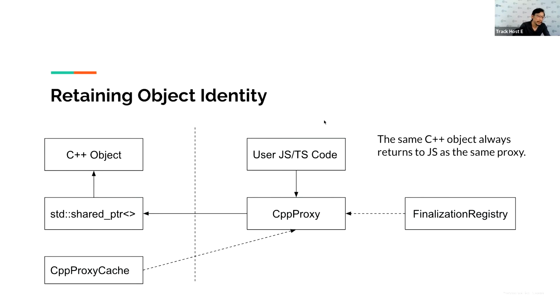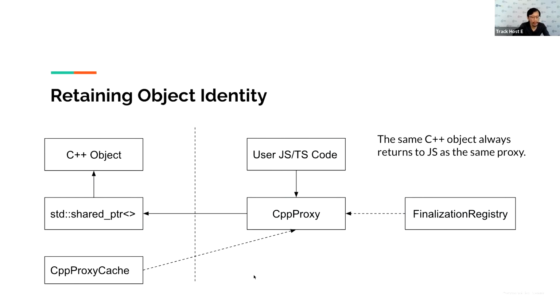Another important aspect is we need to retain object identity. That means if we pass the same C++ object multiple times into JavaScript land, they should pass the equivalence check. They should compare exactly the same as the same object. This is done by introducing a C++ proxy cache on the C++ side. When we create a new C++ proxy, it's added to the cache as a weak reference. So when we need to pass another proxy across the border, we first check in the proxy cache and see if it's already there.